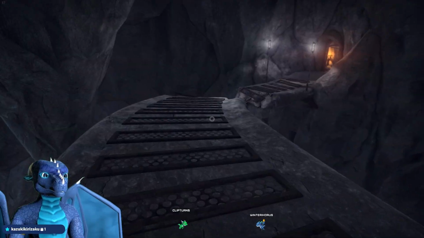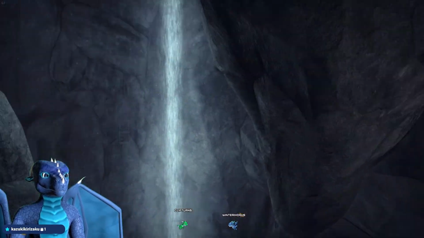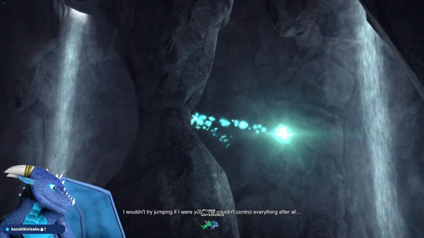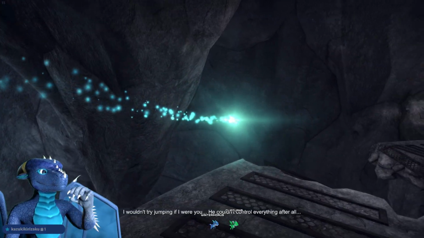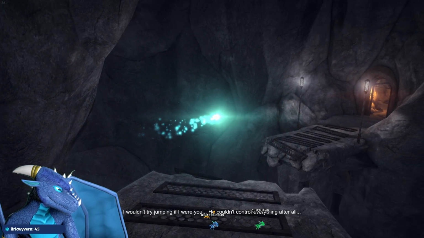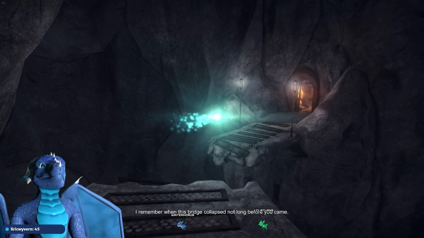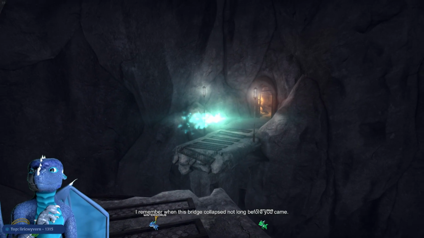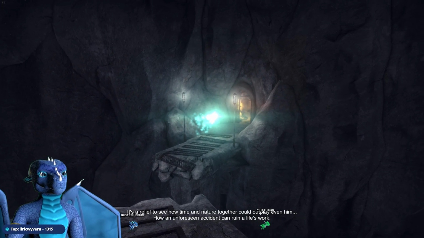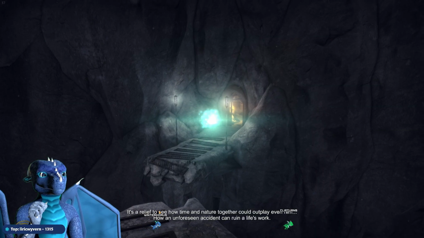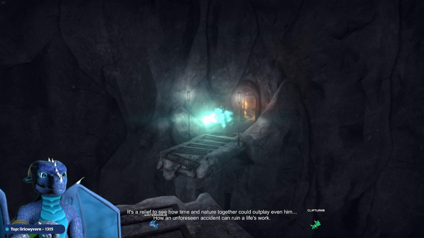Oh, we do have an issue, though. The bridge seems to be collapsed. I wouldn't try jumping if I were you. He couldn't control everything, after all. I remember when this bridge collapsed not long before you came. It's a relief to see how time and nature together could outplay even him.